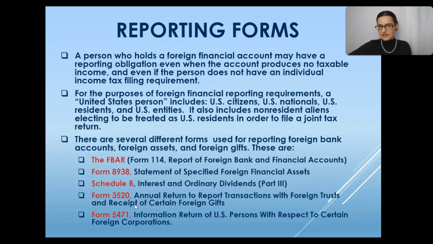Gifts and inheritances are never taxable to the recipient. This is regardless of whether the gift or the inheritance is coming from a U.S. person or from overseas. It doesn't matter. An inheritance or a gift is never taxable to the person who's actually receiving it.